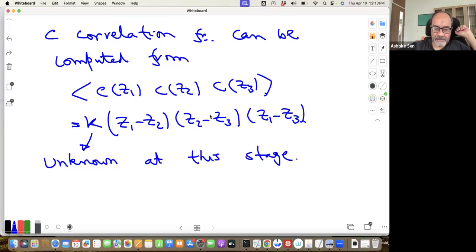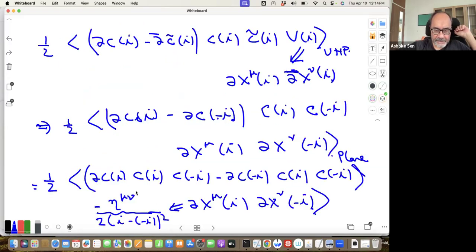Is this clear? Okay. So using this, you can easily determine this correlation function.